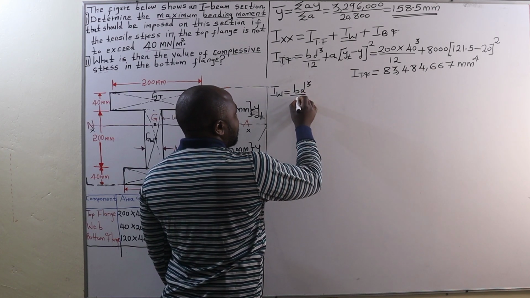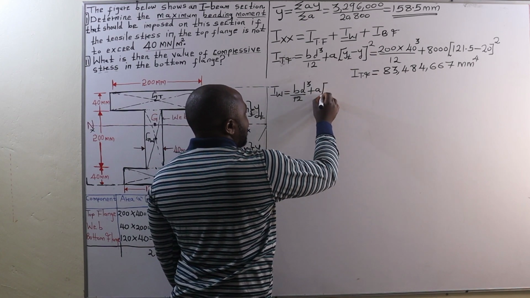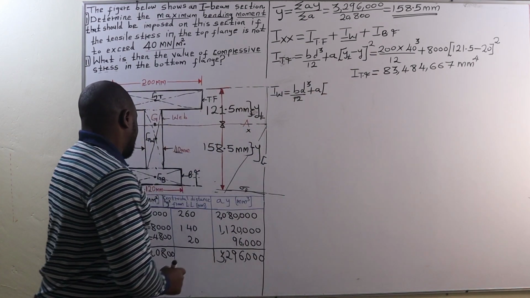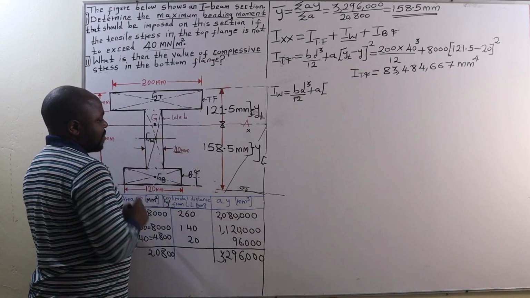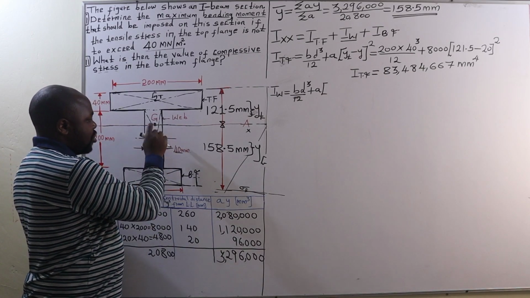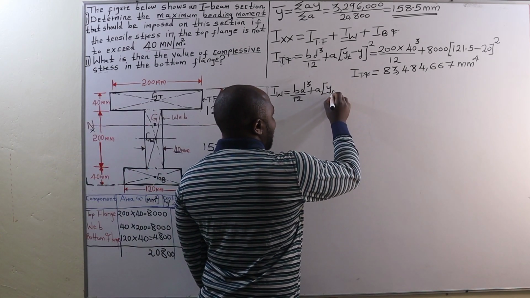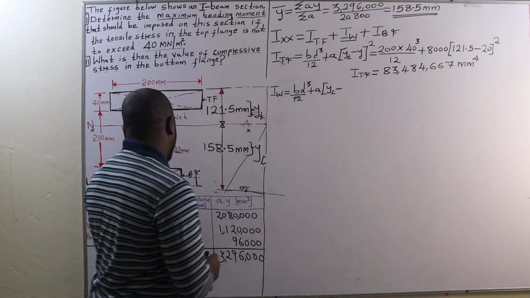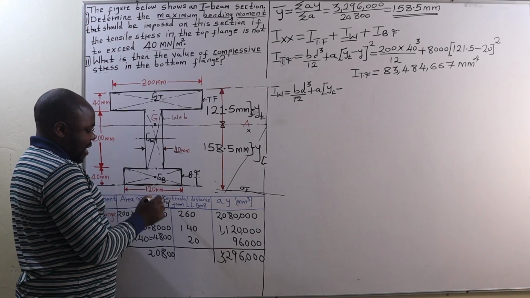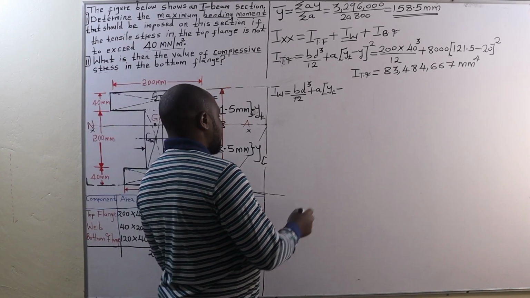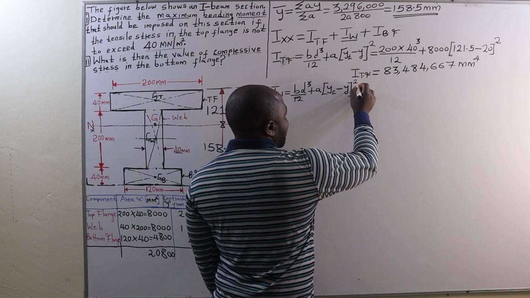Therefore, BD cubed over 12 plus the area of the web into the distance from GW to G. That is going to be YC minus GW, the distance from LL, which is 140, and that is Y. And then we square that.